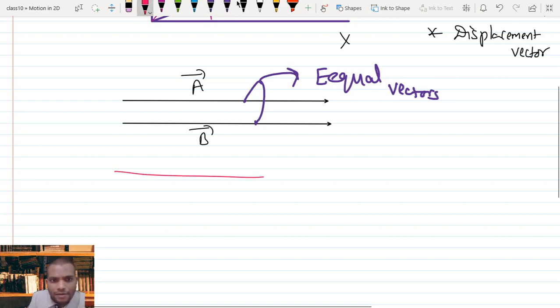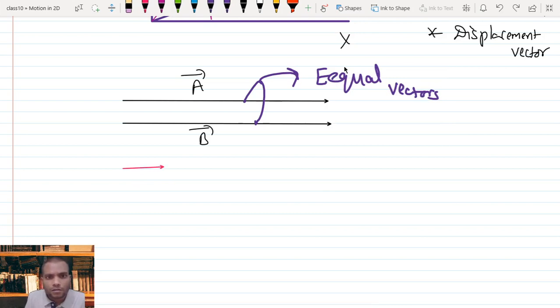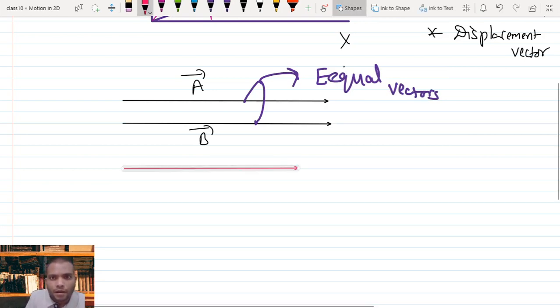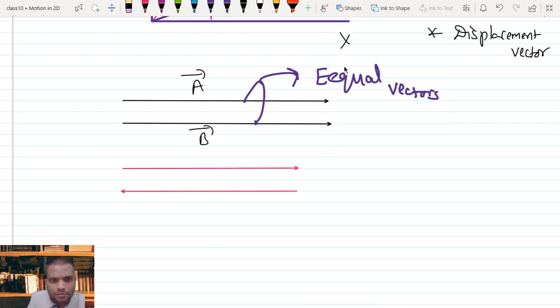Suppose you have a vector, let me take a bar, and you draw a vector which is exactly the same in magnitude and opposite in direction. This is a bar and the one below we represent as minus a bar. This we can call a negative vector.